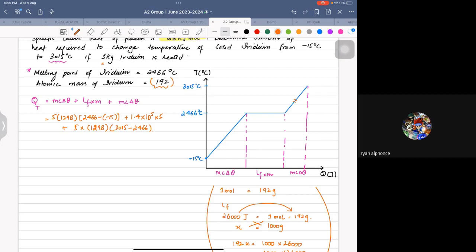Again, I'm saying I could do this because I can see everything right here. Otherwise, I would have just forgotten about either this or this. So please make good use of this. This is something that is so valuable. Then the final answer would be 2.0 times 10 raised to 7 joules.